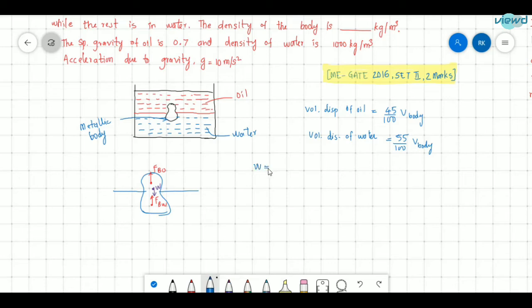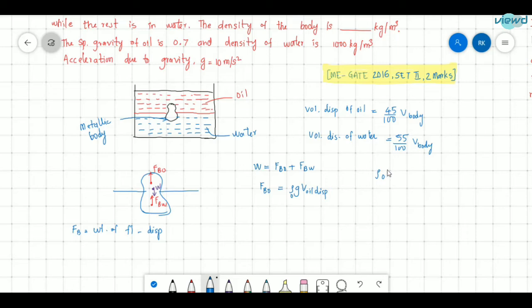The weight of the body acting downwards is equal to the buoyancy force due to oil plus the buoyancy force due to water. So what is buoyancy force? Buoyancy force is equal to the weight of fluid displaced. The weight of fluid displaced due to oil is rho of oil g into the volume of oil displaced. So what is the density of oil?